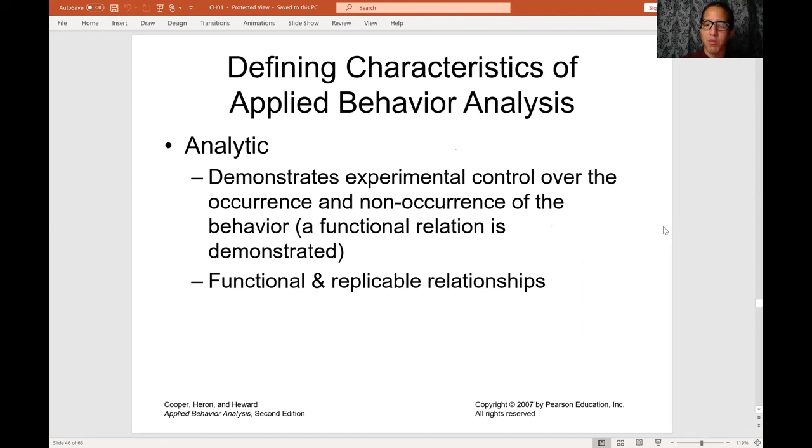So what are the variables when it does occur, when it doesn't occur, so that we have a thorough understanding and we have what we call a functional relation that we can demonstrate and reliably reproduce in order to find a way to improve the quality of life of people, right?